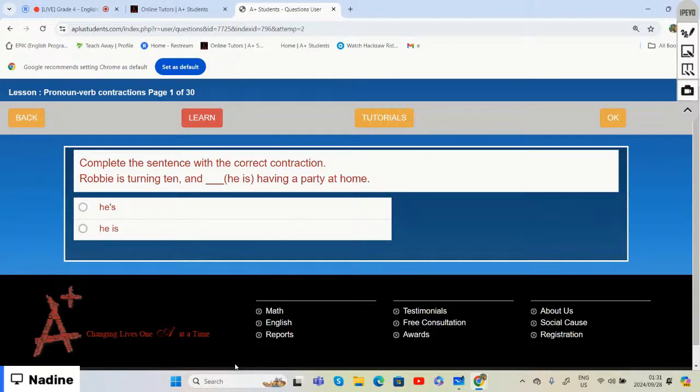So do we say option one, he's, or option two, he is? If we were to choose the correct one, then yes, option one is correct, which is he's. Well done.